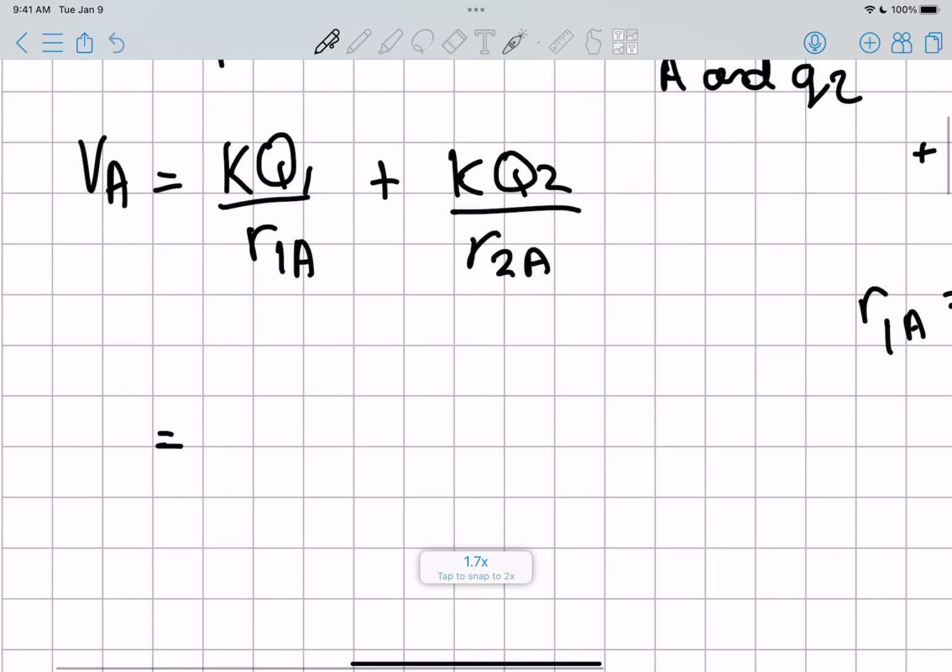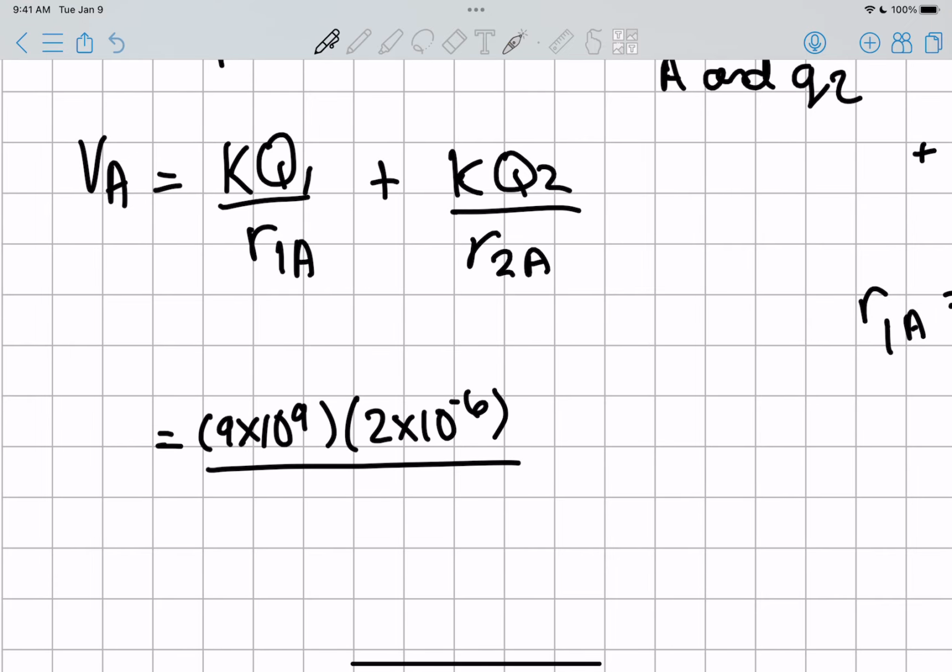So you know your K is 9 times 10 to the 9th. And then your Q1 would just be the charge of Q1, and that's 2 microcoulombs. Once again, we have to convert it to coulombs and make sure everything is in SI units, so 2 times 10 to the negative 6.